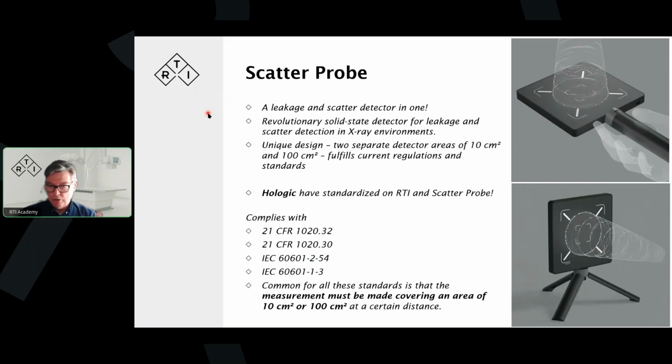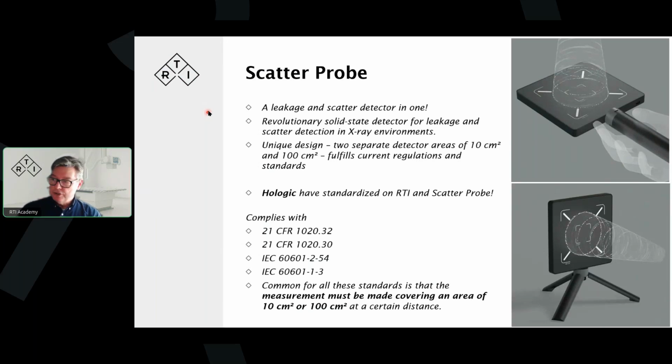Although you can argue that, well, it measures in the same way, it doesn't do anything, but regulation is regulation, and if you want to follow it, well, then with the scatter probe you can follow the regulation because it has the regulation size, 100 square centimeters and 10 square centimeters, those two active areas that are operational. So then there's no fuss. It matches those regulations.